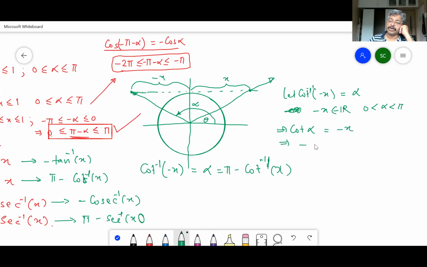This implies opposite of cot of alpha is equal to x. Now we have to do exactly the same thing. Opposite of cot of alpha is equal to cot of pi minus alpha. We are giving one trial. Cot of pi minus alpha is equal to x. So if minus x belongs to R, x belongs to R, and if alpha belongs to 0 to pi, then pi minus alpha also belongs to 0 to pi.